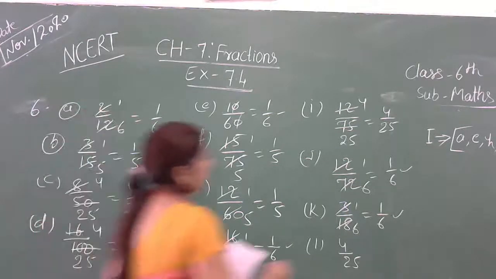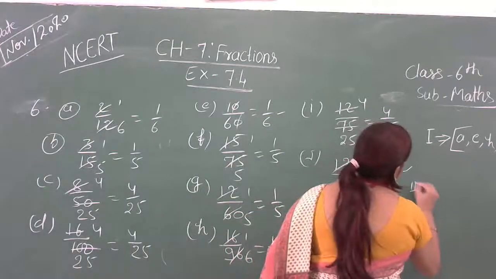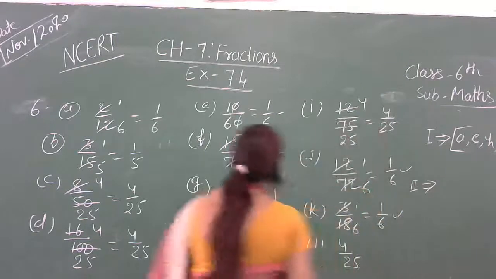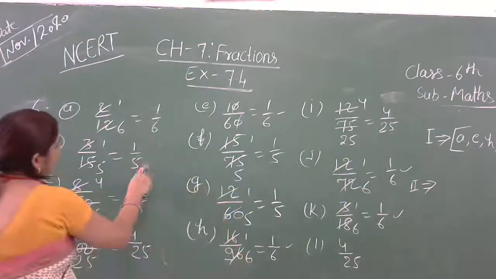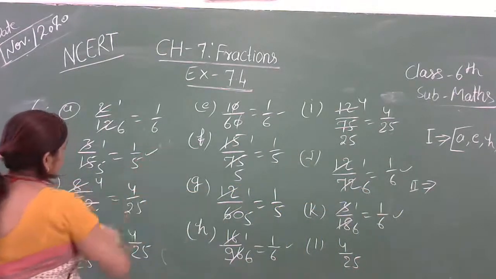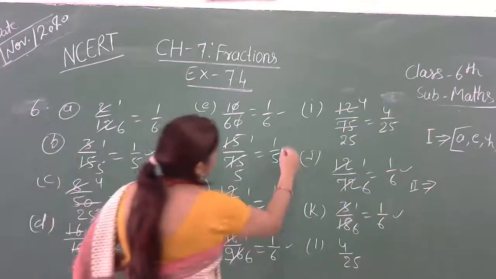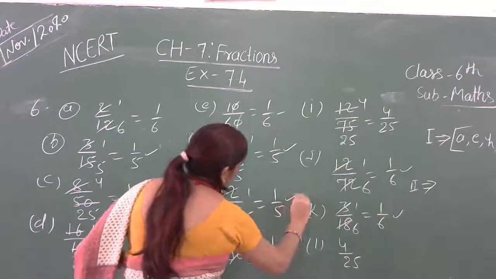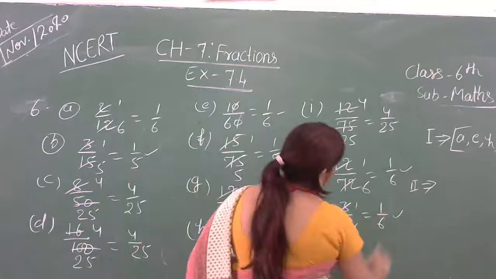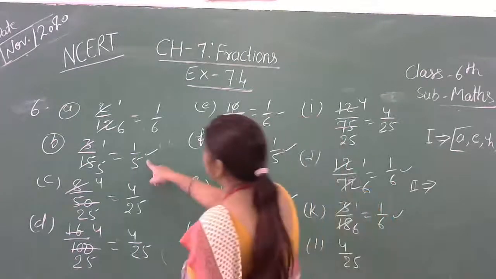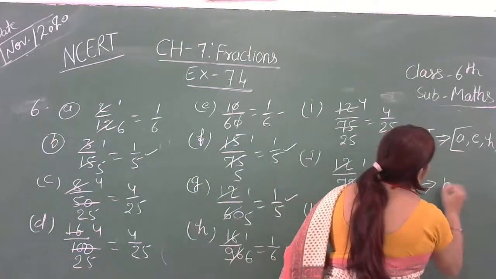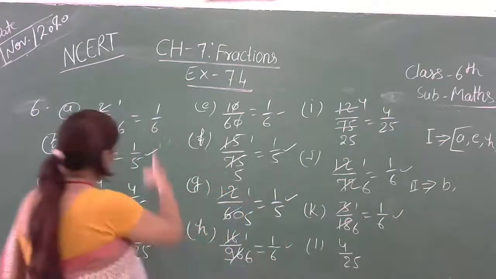Now the second equivalent fraction, which one? Start from 1 upon 5. So 1 upon 5, this one, and look in this row: 2, 3. Okay, so 3. So start from B, in this row.